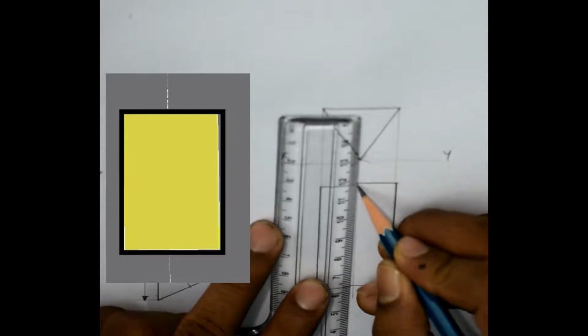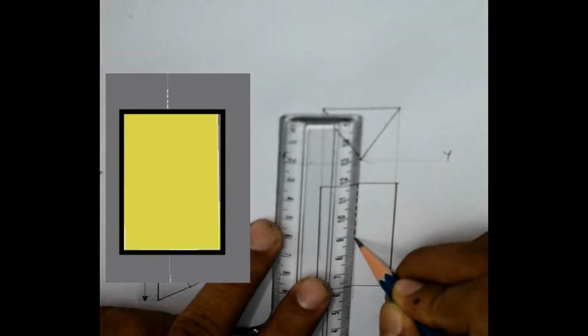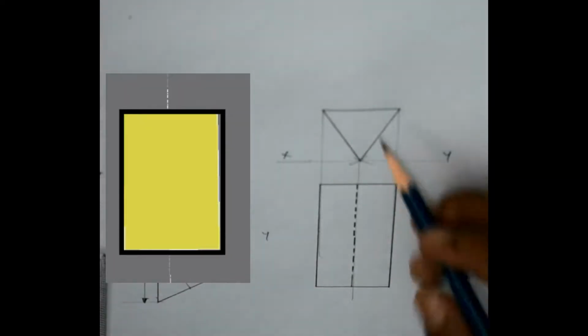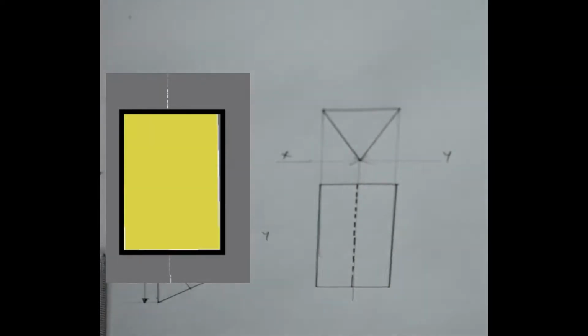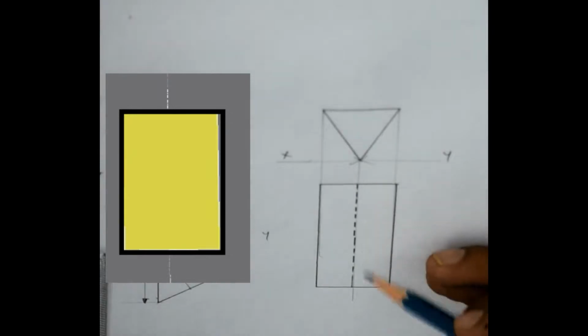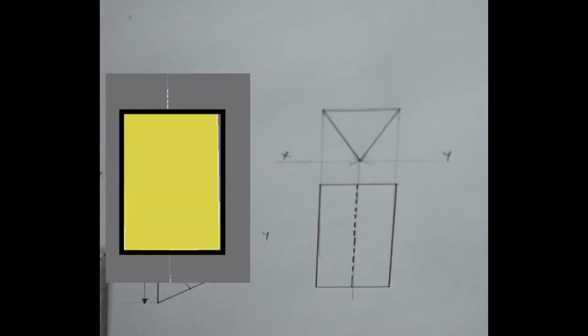I need to draw this in dotted lines. The reason for this dotted line is that when viewing from the top, this edge is not visible. That is the reason why I have drawn this with dotted lines. And also the center would appear here, the center line, as I have said earlier.